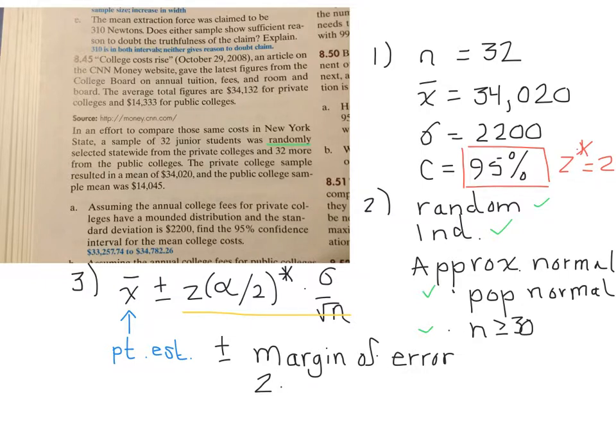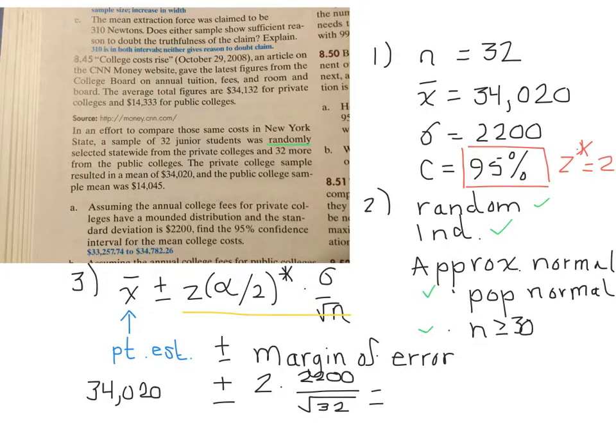Our standard error for the mean is found by taking the standard deviation of the population, given to us in the stem of the problem, 2200, and dividing by the square root of our sample size, which would be the square root of 32. Our point estimate is our sample average, and our sample average for the private colleges was $34,020.